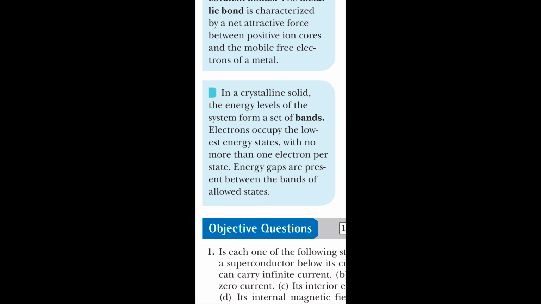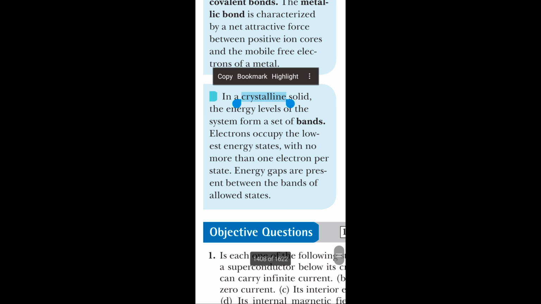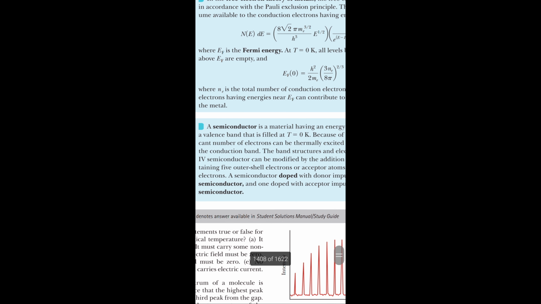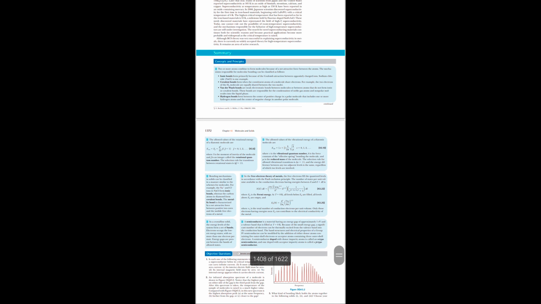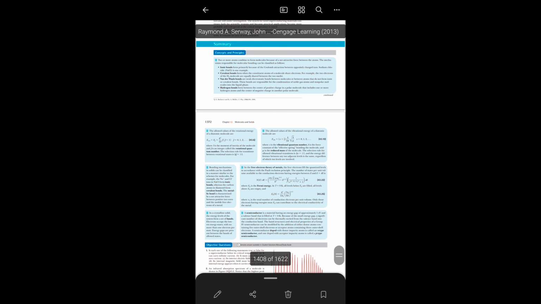Energy gaps are present between the bands of allowed states. That may sound like a whole bunch of nothing, but just keep in mind we got bands, we got electrons, we got crystalline solid. Have these words ringing around in your head so that when you're doing the homework, it's not brand new to you. This is why the 7-minute summaries are important. And then we got semiconductors, semiconductor devices, a whole bunch of stuff that we cannot get into. So boom, that is the chapter.